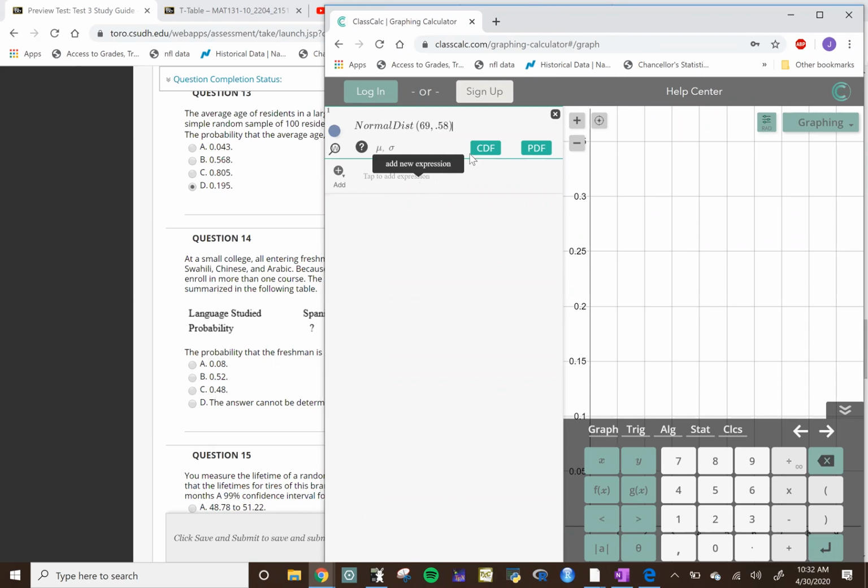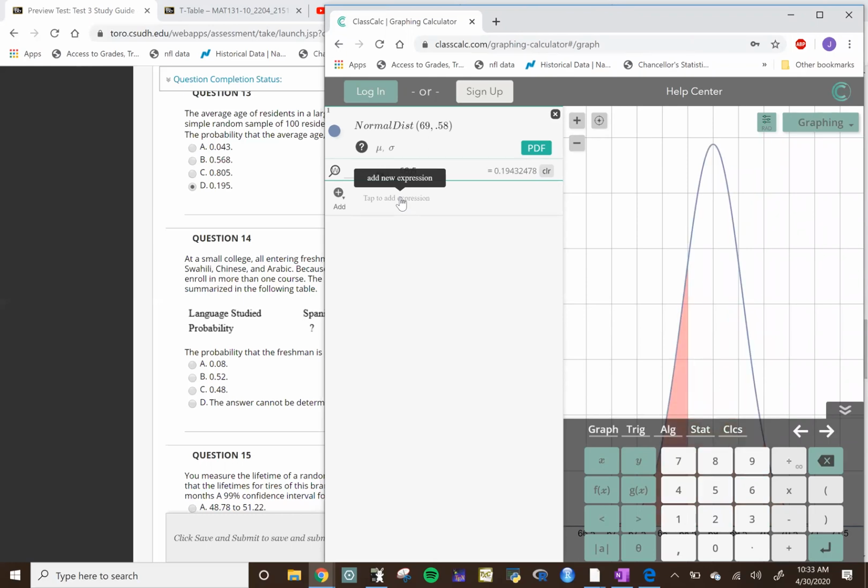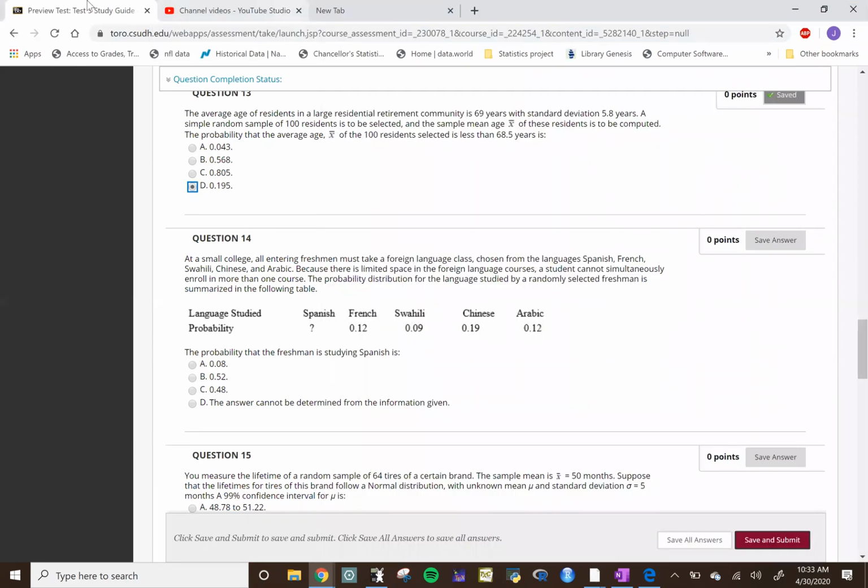You close it, and now you put CDF. For CDF, the lower bound is already negative infinity, and for the upper bound you put 68.5. And there you go. You get exactly the same answer of 0.1943, pretty much just rounded to 0.1945. And that's how you do number 13. Any question on how to do question 13?